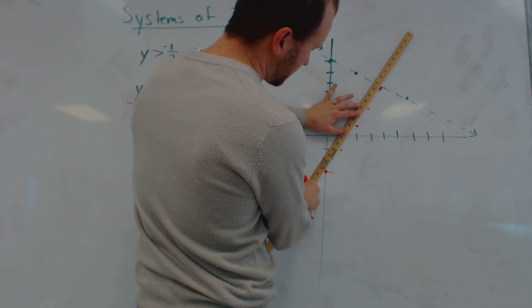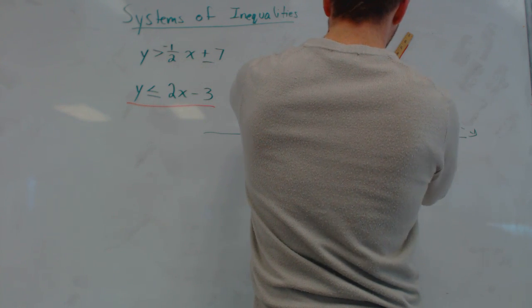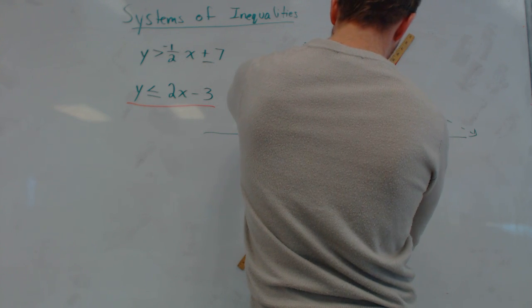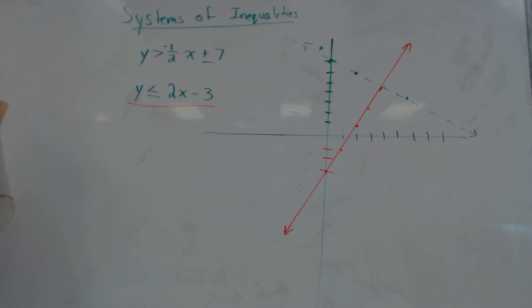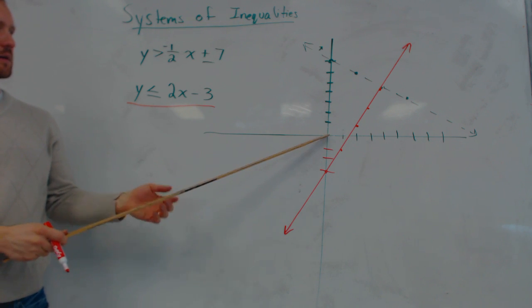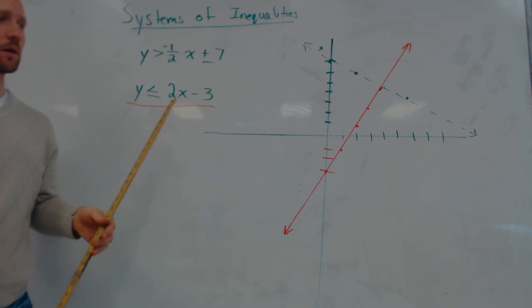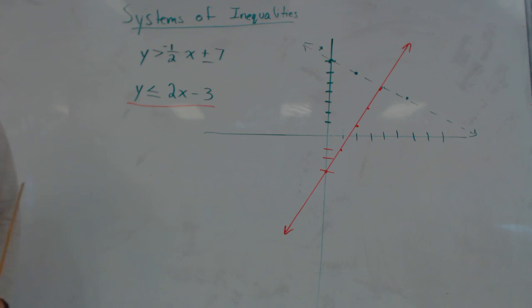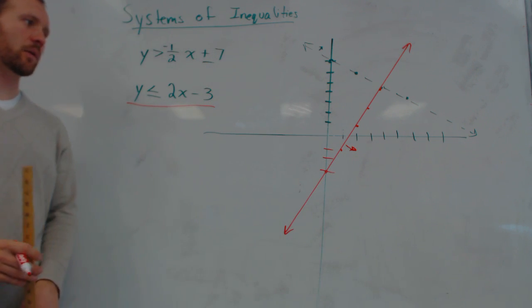This line, though, is solid. And then I figure out which side of this line to shade on. So is 0 less than or equal to negative 3? No, it's not. So I shade on that side, away from (0, 0).